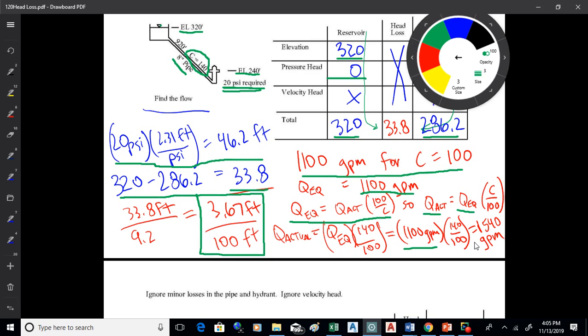The 1,100 is what you could get through the C100 pipe, but you could get more flow through the smoother pipe. So we take the C100 flow, the 1,100 gallons per minute, and increase it to account for the fact that the pipe's smoother. So we end up multiplying by 140 over 100 and get 1,540 gallons per minute for the actual flow. So that's the flow you could get out of this system and still keep the 20 psi residual.